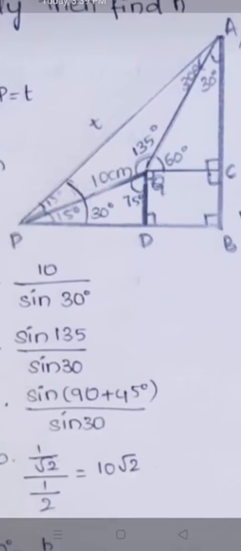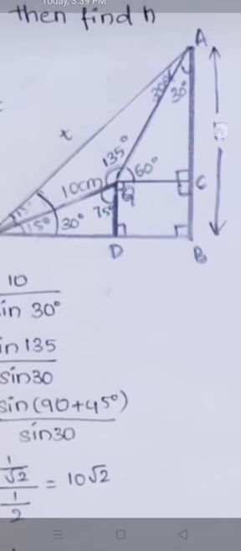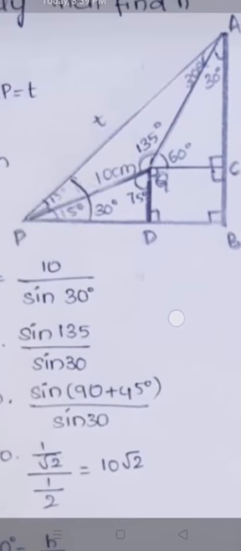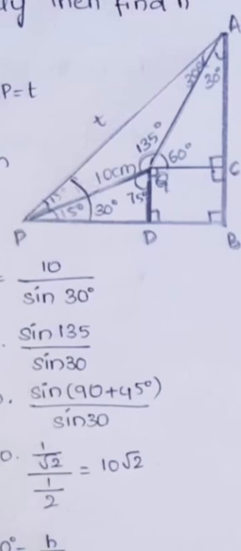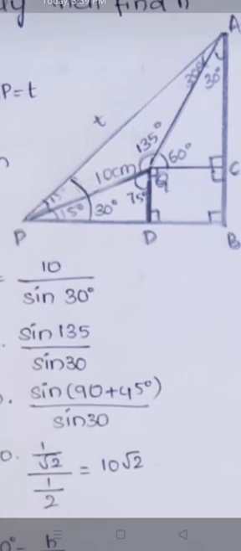So this is the structural view of the problem, and we need to find out the H value. We are assuming this PA bar is equal to T. Here we are using the sine rule for the triangle PQA.